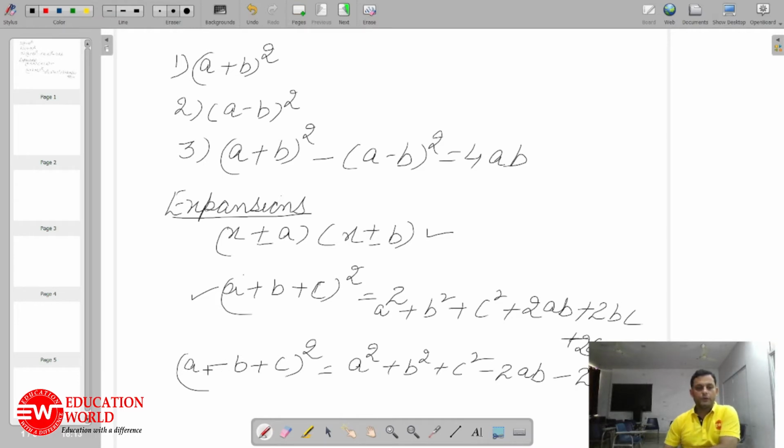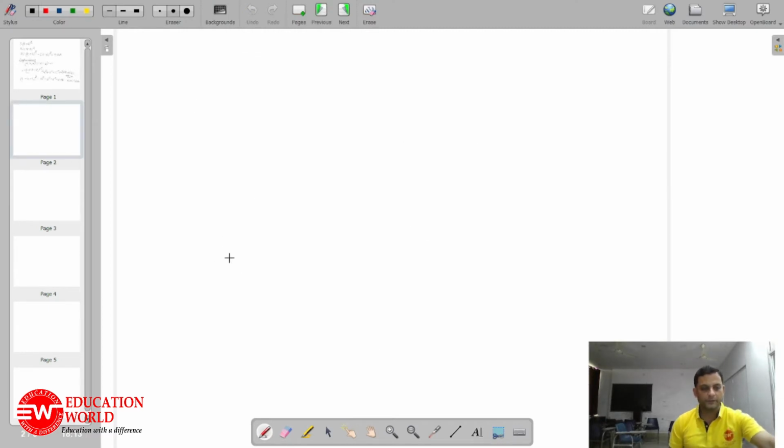Okay, so now we will discuss some more questions regarding this formula, because the expansions of previous terms are not so difficult. So here they have given (x plus y minus z) square. Now what you can write: a square plus b square plus c square.